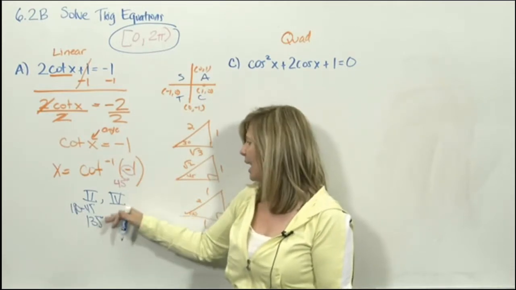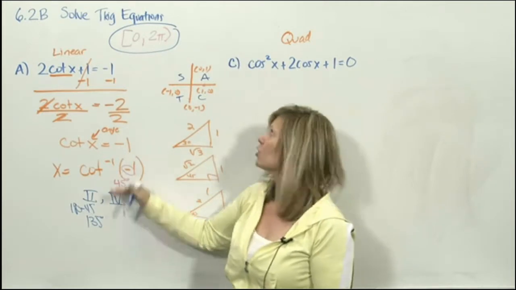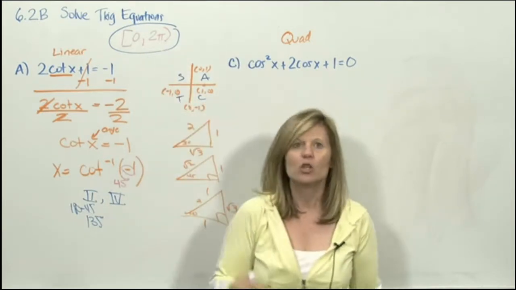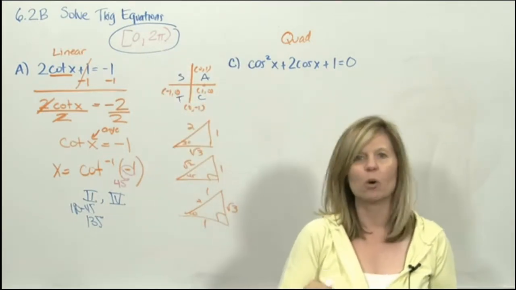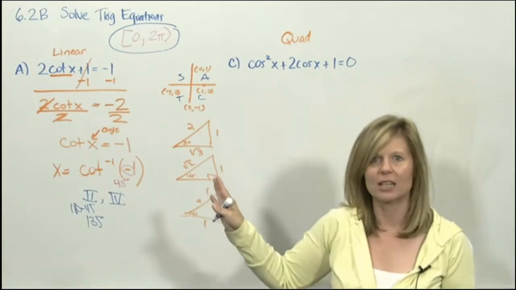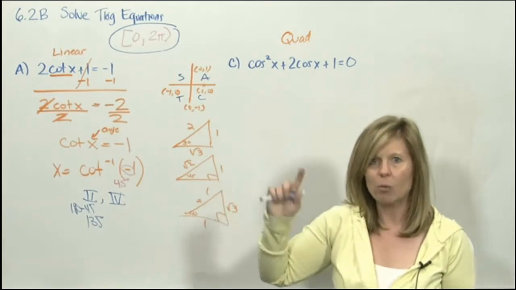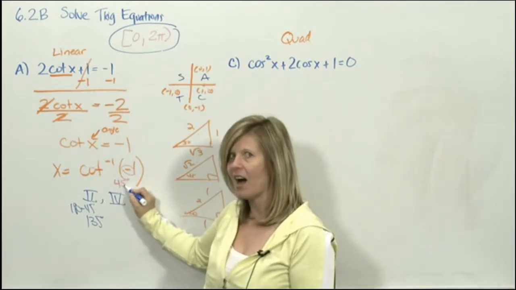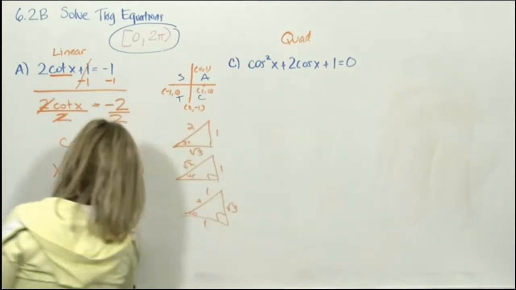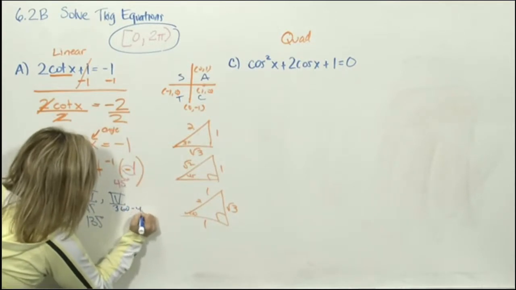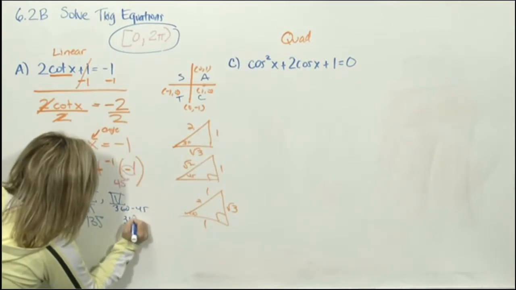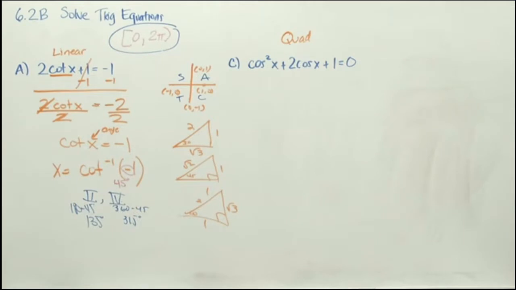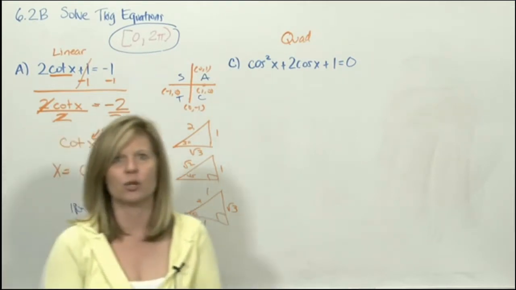But guys, an angle in quadrant 4 is also between 0 and 2 pi. So when we solve equations, there's not always going to be just one answer, even though it started out as a linear equation. They want the answers in all the quadrants. So if the reference angle is 45, in quadrant 4 the angle would be 360 minus 45, which is 315 degrees.